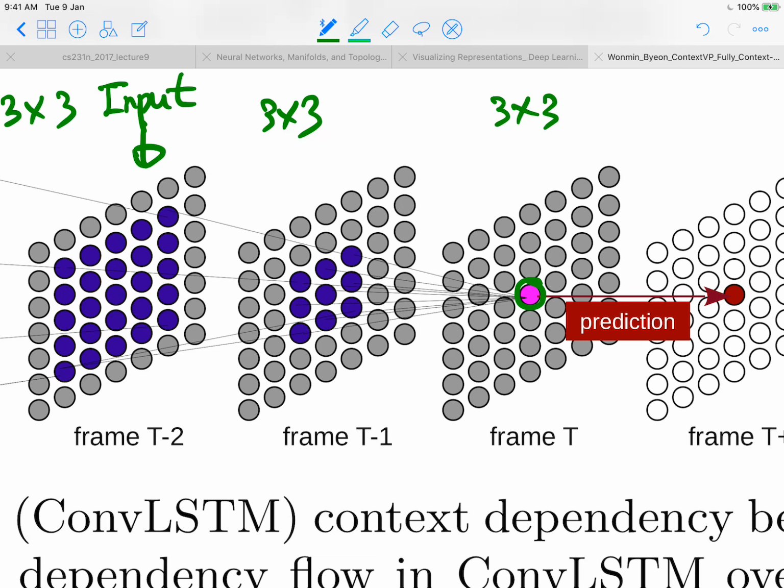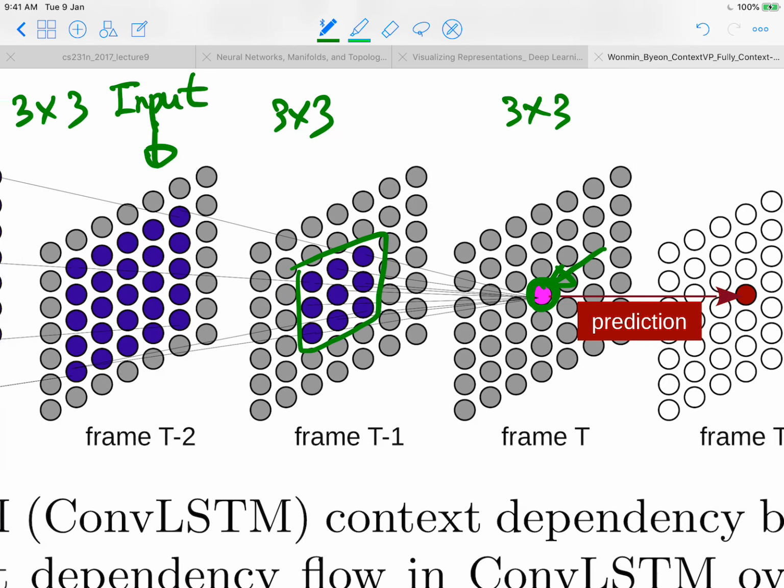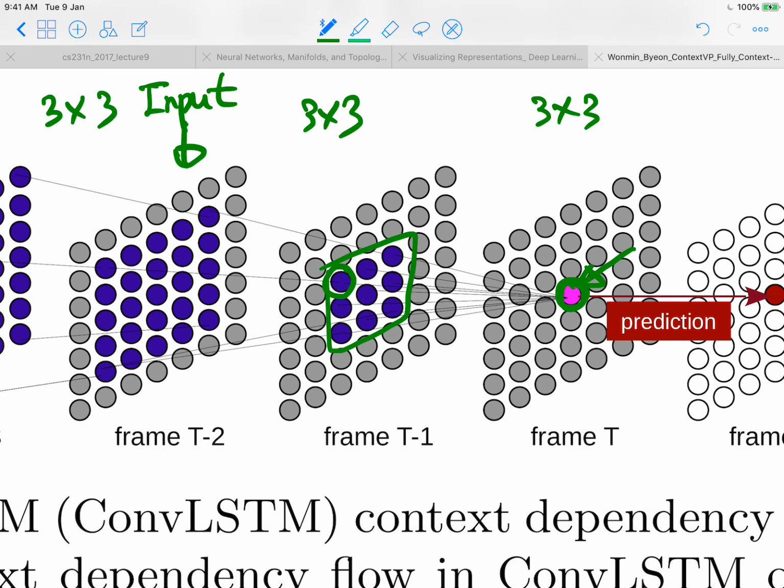What is the receptive field, or the size of the region that is involved to compute a single activation in the first and second hidden layer? This one looks at a 3 by 3 region in the previous layer's output. And what about this one? Which region does it look at in the input? This one is looking at this region, and this one at this region, and so on.